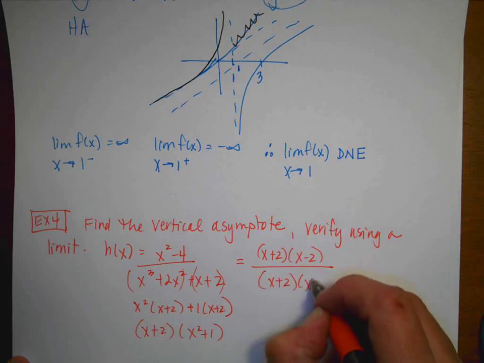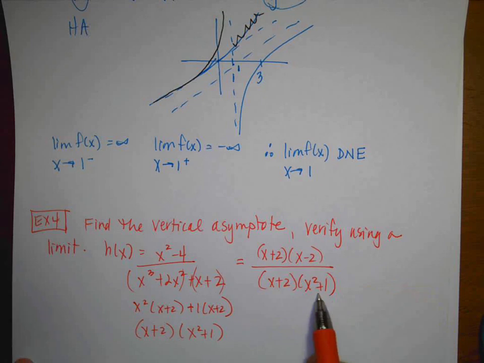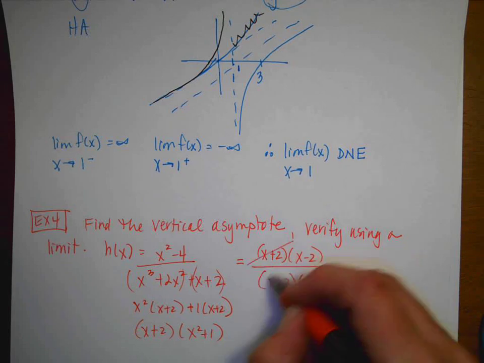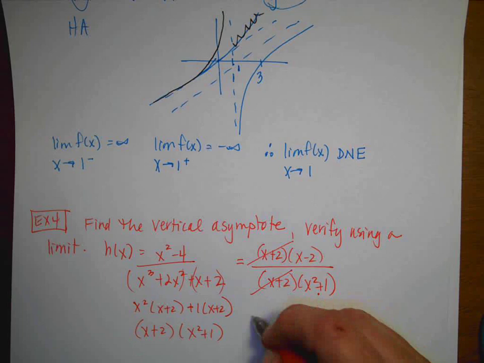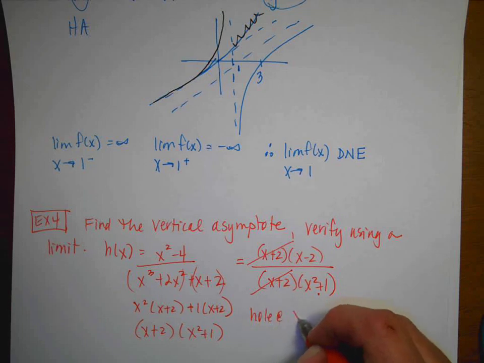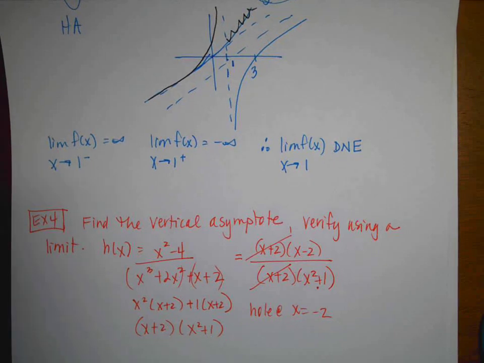All right, so I'm going to write x plus 2 and x squared plus 1. This is irreducible over the reals. If you'll remember from pre-calc, that means that if I solved for x, I would get an imaginary number, so therefore this is not a vertical asymptote. That's going to cancel. It's removable, so I have a hole at x is equal to -2.